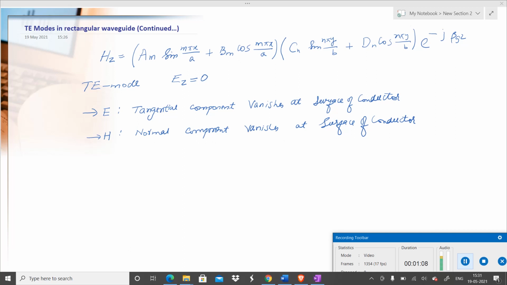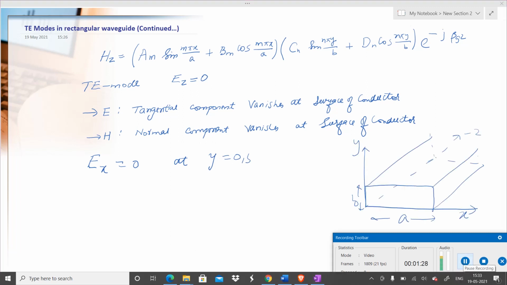So the tangential component being 0 at the surface means that Ex should be equal to 0 at y is equal to 0 and b.